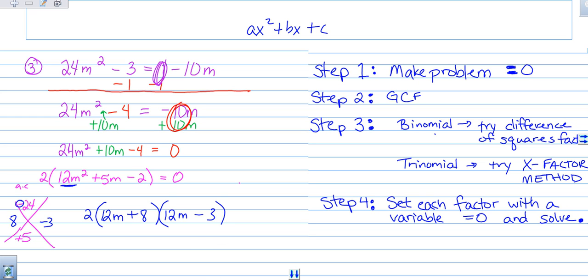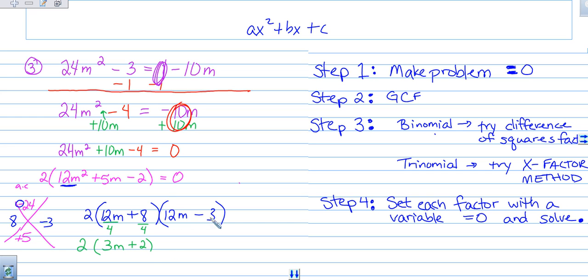Okay? And then you're going to see, do 12 and 8 have anything in common? Yeah, they both have 4 in common. So you're going to divide this by 4. And so the 2 comes down, you get parentheses, and 12 divided by 4 is 3. And 8 divided by 4 is 2.